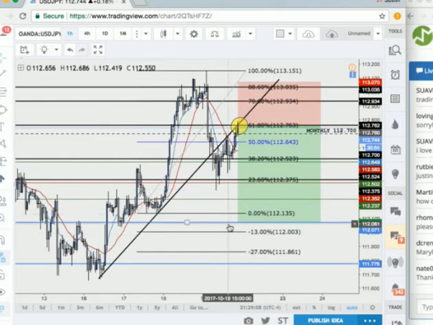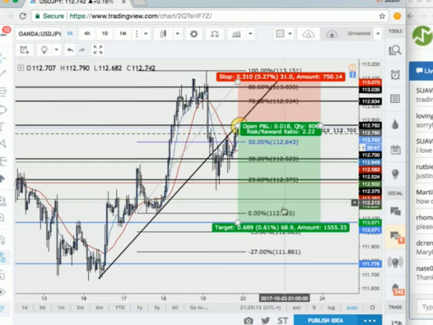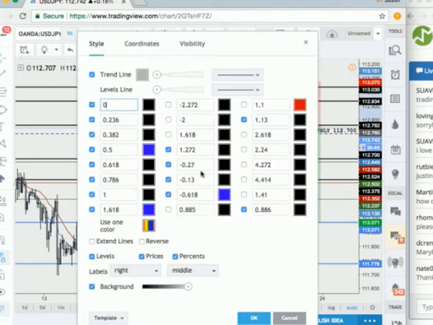Our targets would be like, yeah, right here. Let me get rid of this so it's not confusing.